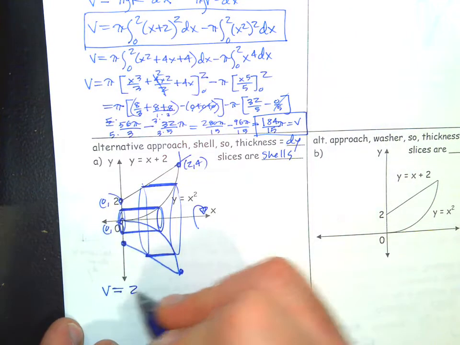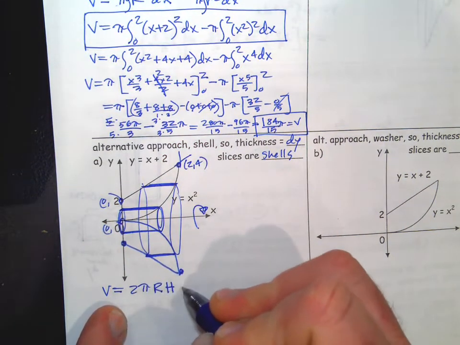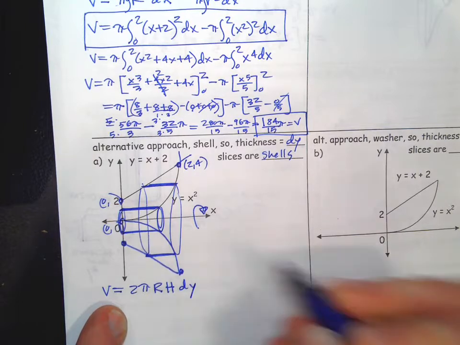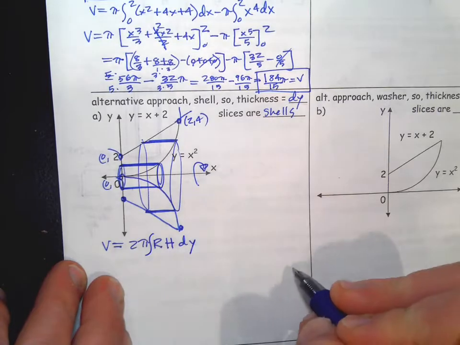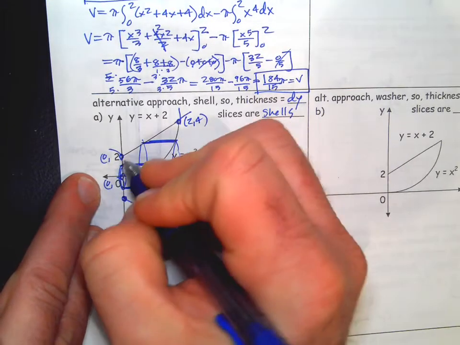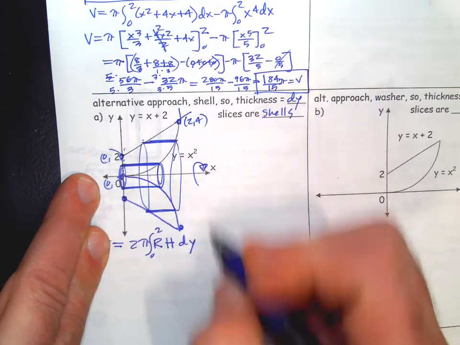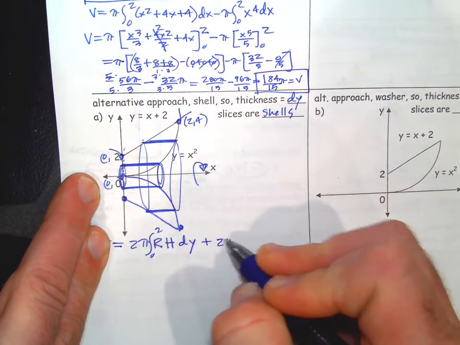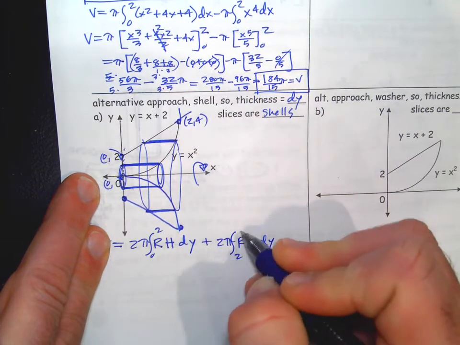So it's going to be 2 pi r times the height dy. Okay? And then we could integrate it. Now, we're going to have to go 0 to 2, and then 2 to 4 separately. So we're going to have to do another 2 pi r h dy, 2 to 4.